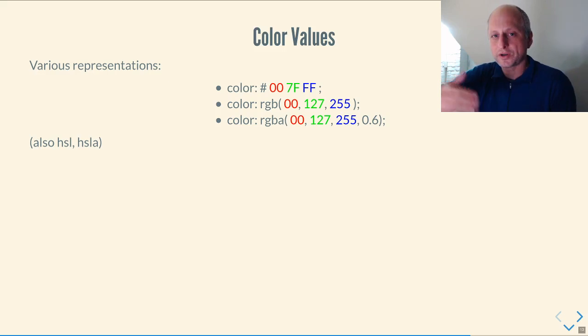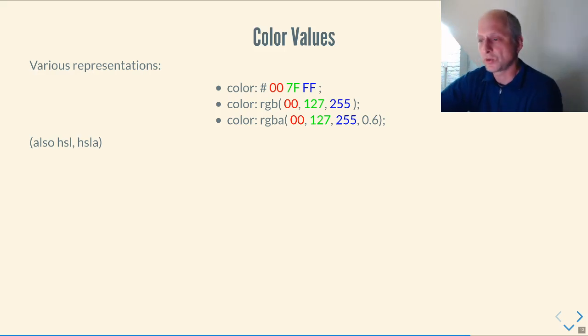There's a red part, a green part, and a blue part to the color, and the higher the number, the more of that color is going to be shown. In each case, the possible numbers go from 0 to 255.